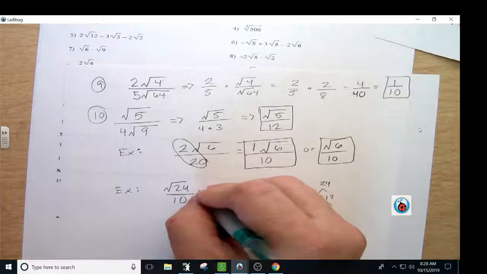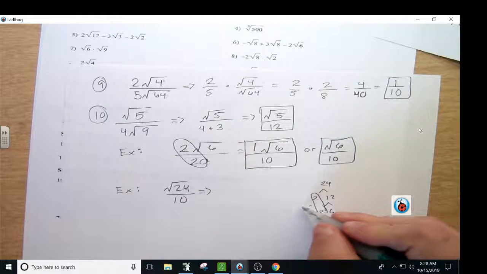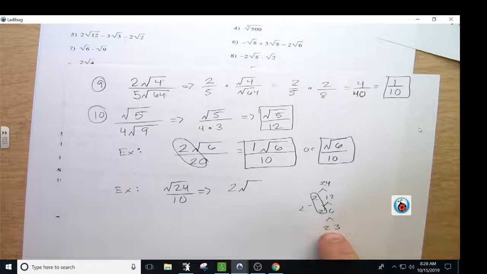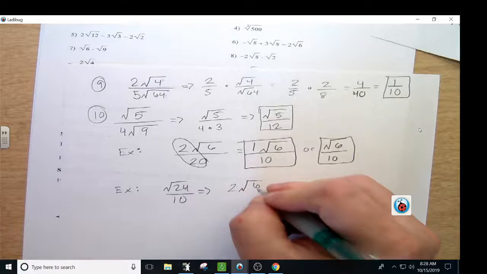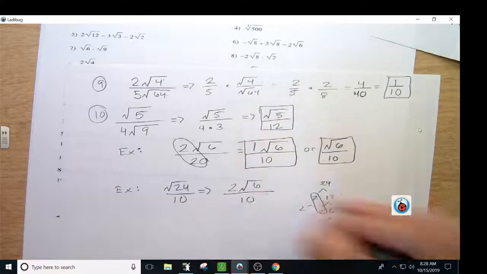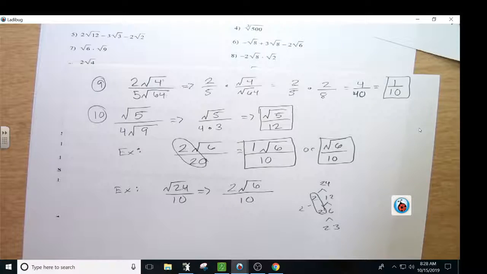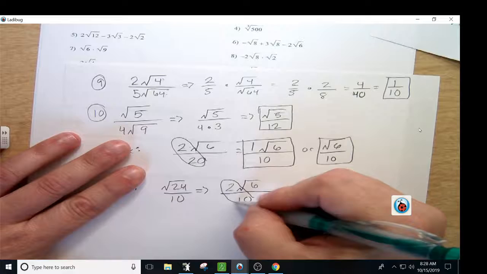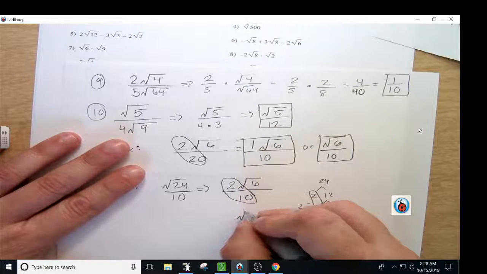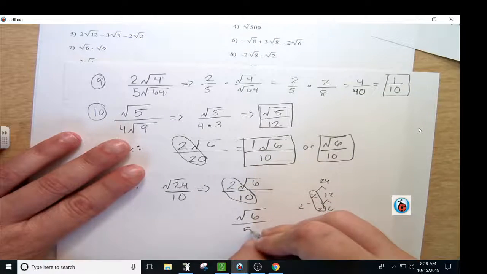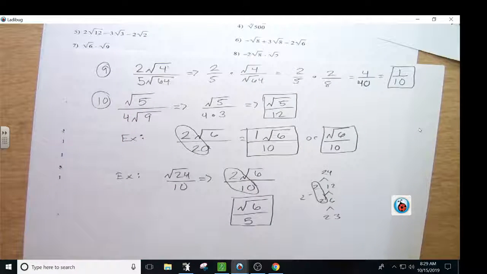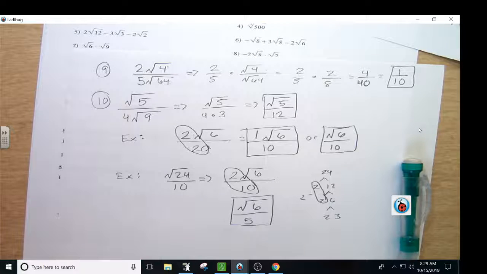So what that would end up being is the 2 will go on the outside. 2 times 3 would go on the inside, which would be 6 and 10. Now, is this full credit? No, because this right here needs to be simplified. So that's going to be the square root of 6 over 5, or 1/5 square root of 6. Yep. It's not too very hard.